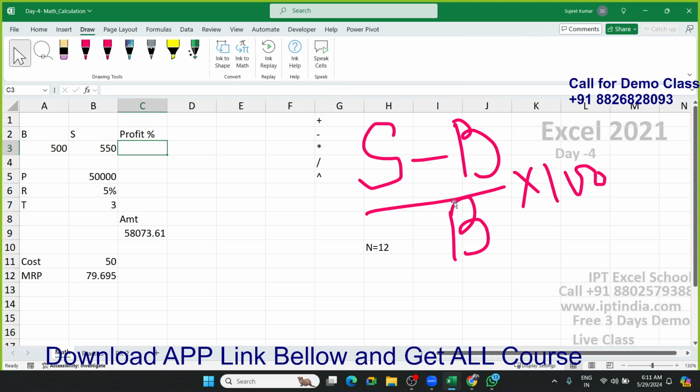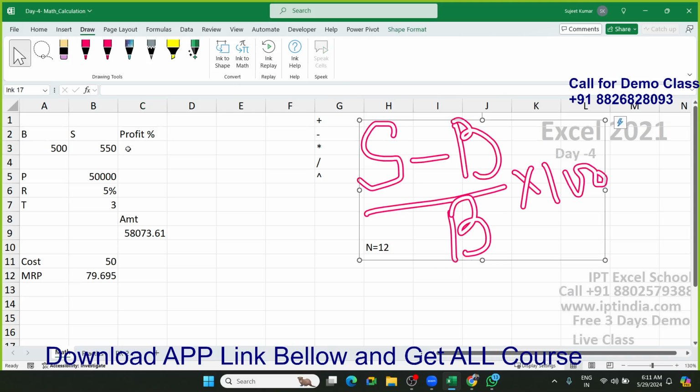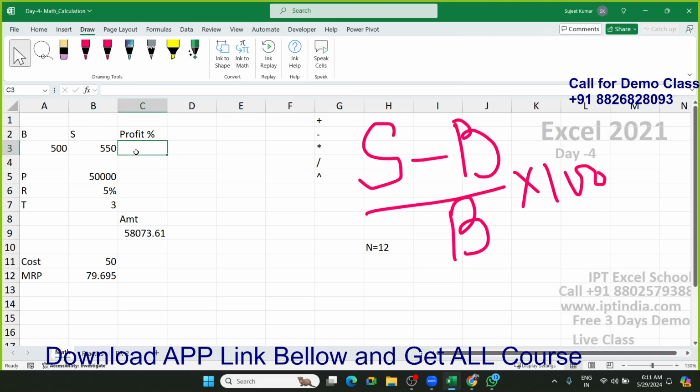So I want to use this mathematical formula in the cell, calculating the profit percentage. We give the equal sign and open the bracket, 550 minus 500, close the bracket and divide by 500, which is the buy price. When you press enter, you get the result in decimal.